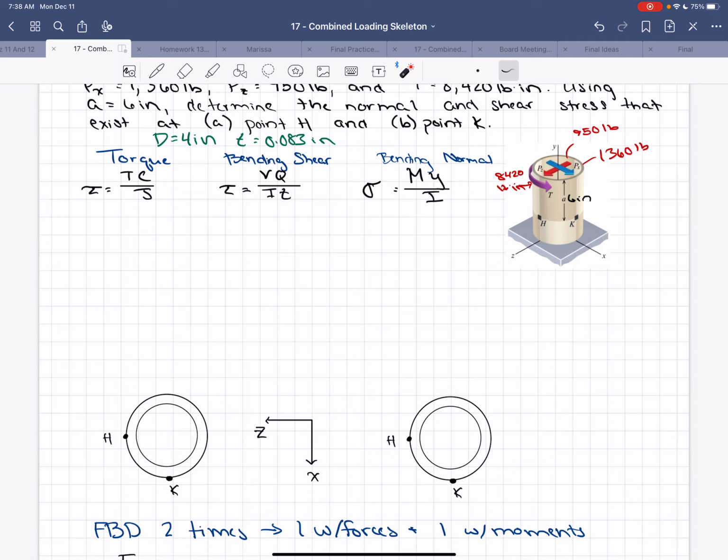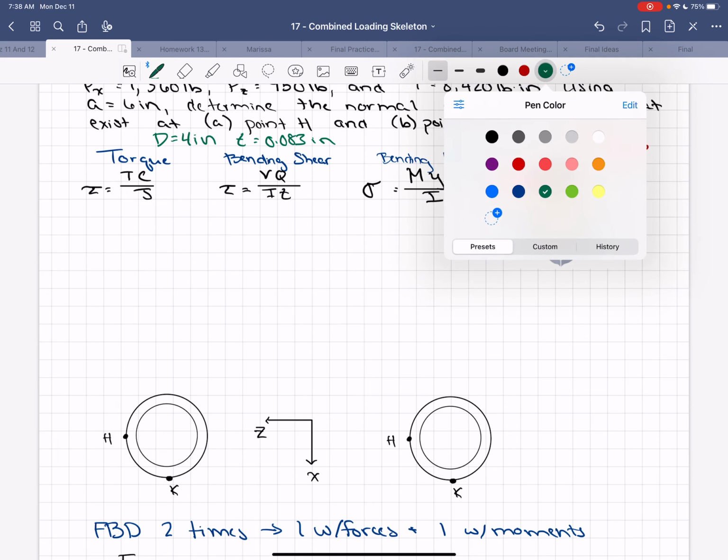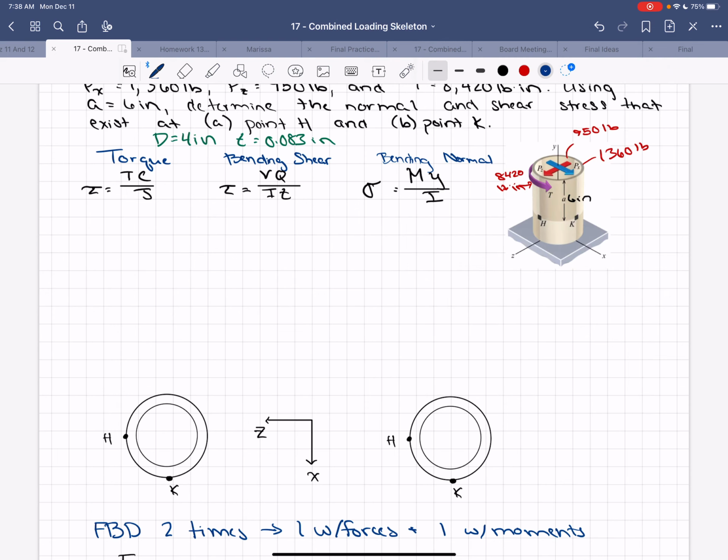The next thing to do is calculate section properties. We don't have an axial force, so we won't have an axial stress, so we don't need the area.